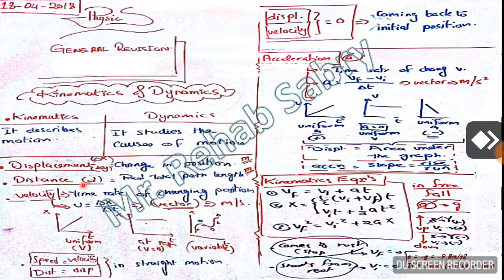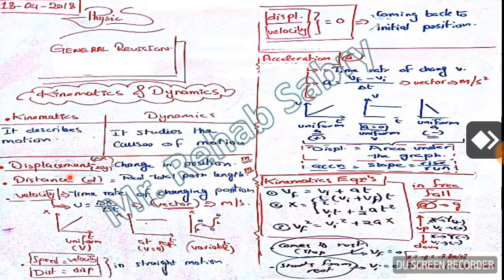What about the distance? The distance is the real or the actual total path length traveled by the object. By the way, and this is a very important point, in problems, concentrate with me, the distance and displacement will be the same only if the object is moving in a straight line.